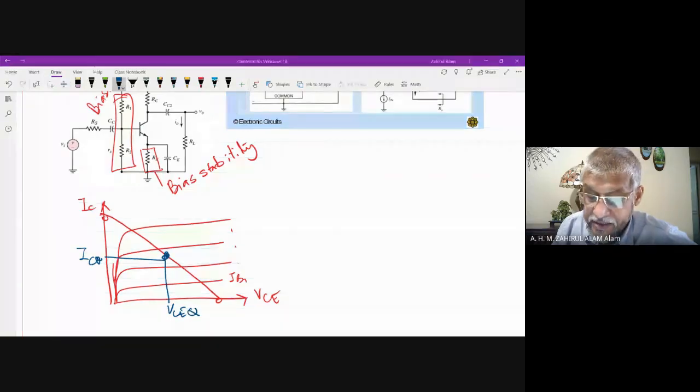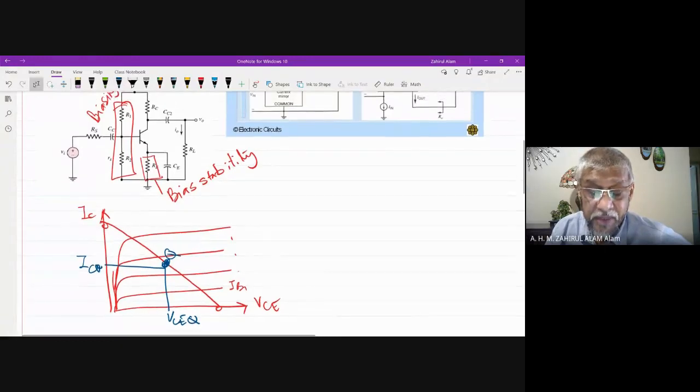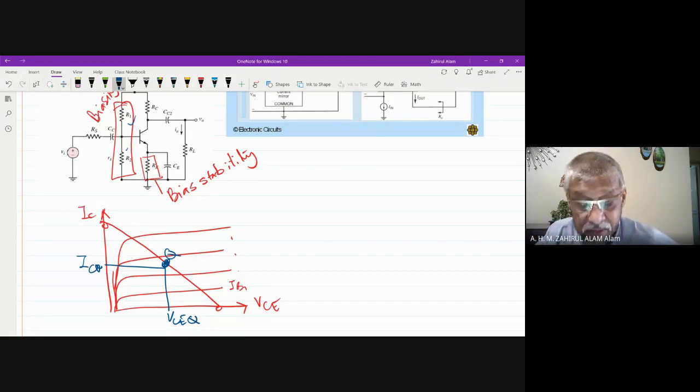So we set this bias point, the Q point, based on this R1 and R2 network. So this is a voltage divider network.